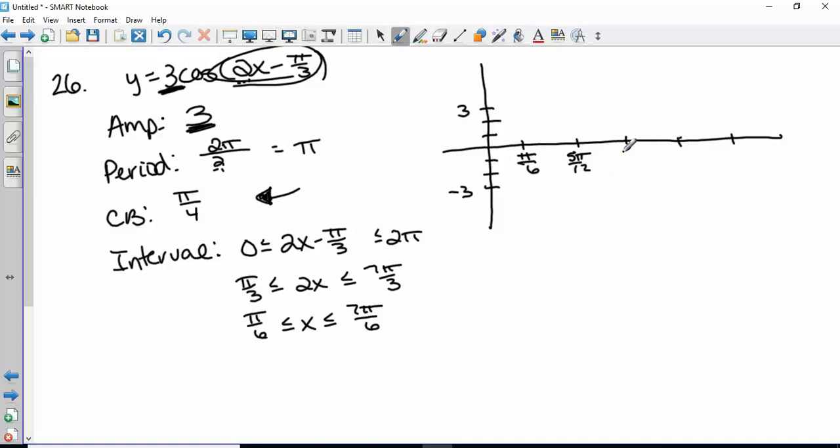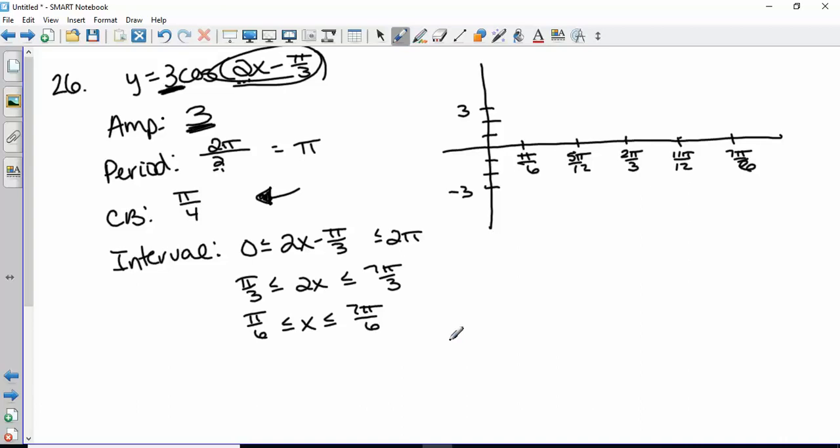Plus pi over 4 would be 8 pi over 12, so 2 pi over 3. Plus pi over 4, so 11 pi over 12. Plus pi over 4 would be 14 pi over 12, so 7 pi over 6. And what do you notice about that final point? Yeah, it's the end of my interval, and that should always be the case.